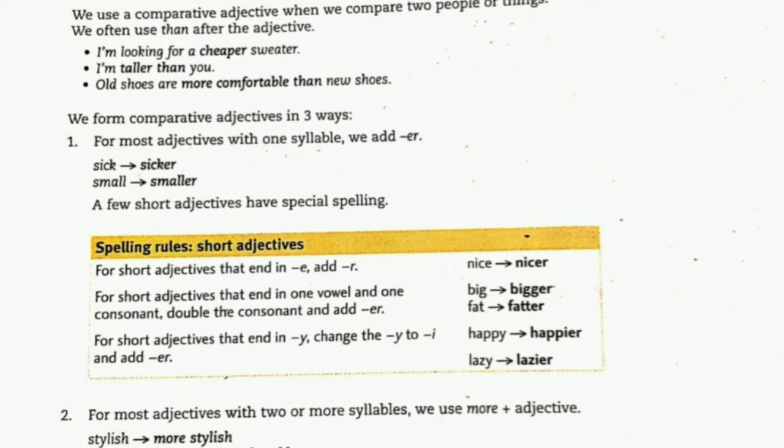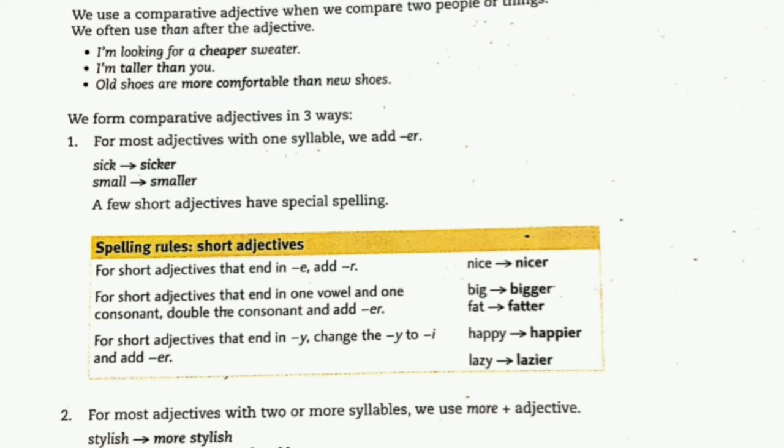Now let's look at some spelling rules for short adjectives. For short adjectives that end in e, we add r. For example, the adjective nice is going to be nicer. For short adjectives that end in one vowel and one consonant, double the consonant. Remember the consonant-vowel-consonant word.